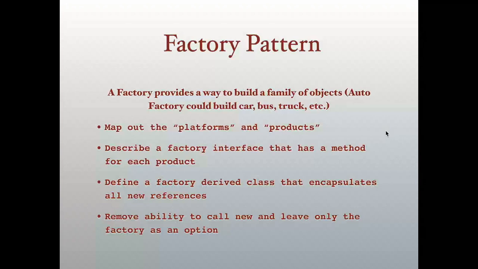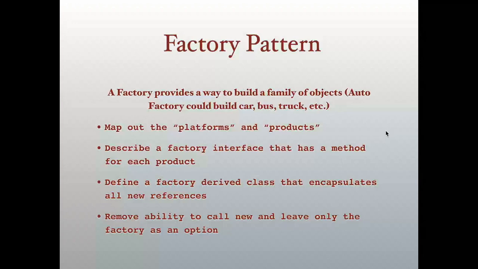What you tackle in a factory pattern is you map out the factories and the products. What are the factories, what are the things I need to be working with, and then what are the products I'm going to kick out? You're going to describe a factory interface with a method for each product.